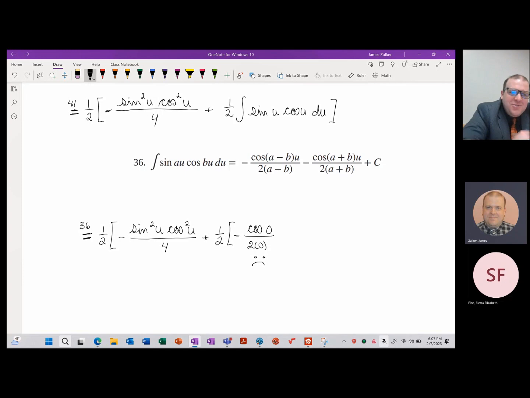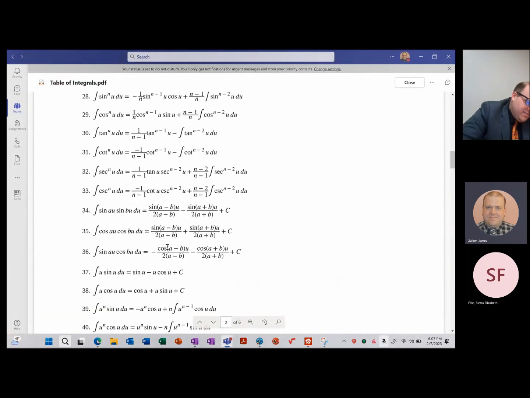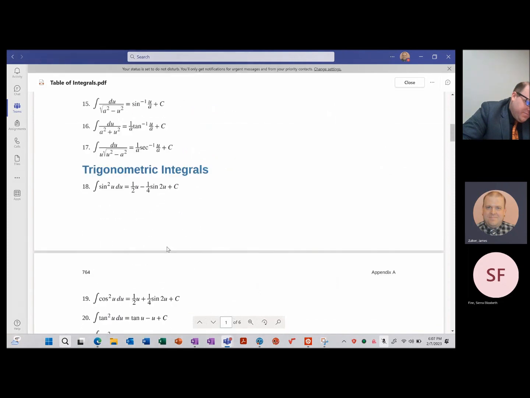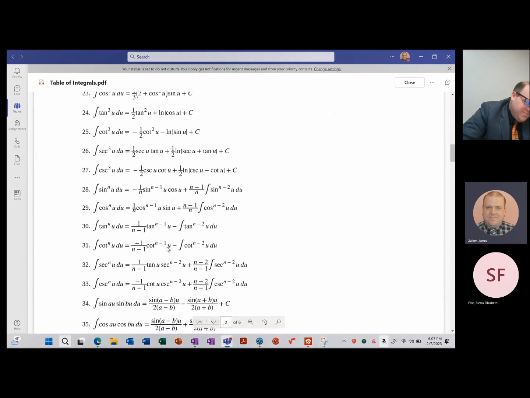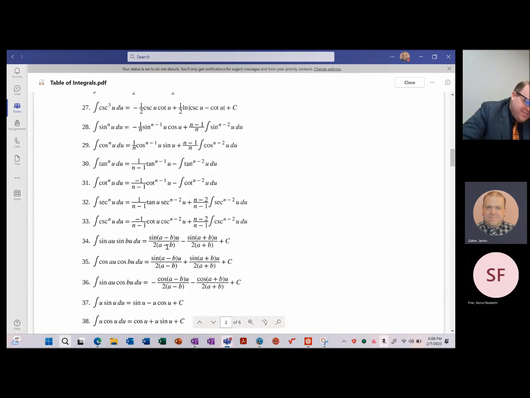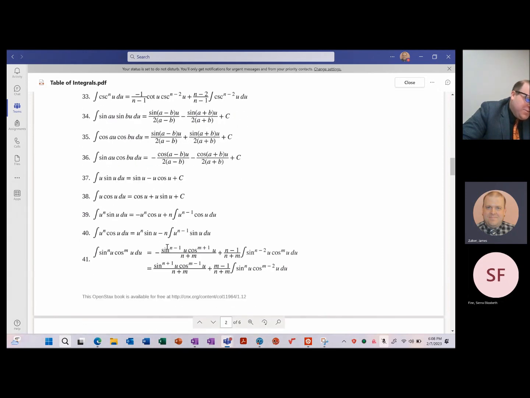Don't think there's any other. Nope, there's not. Which means you're expected just to recognize this as u sub immediately, for that second antiderivative.